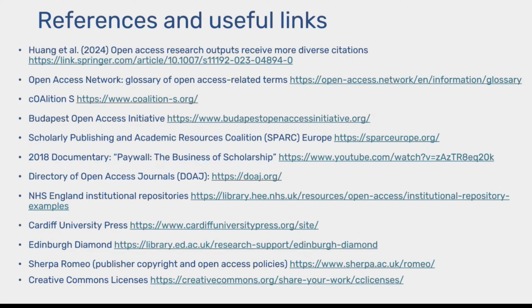If there's an article that you're met with a paywall and you can see that the authors are part of particular institutions, you could check those institutions to see if they've got repositories and see if there are versions of that article available within those repositories. Sorry, I'm not sure if that answered your question. I'm more than happy to have another go at that one if it's not been answered.